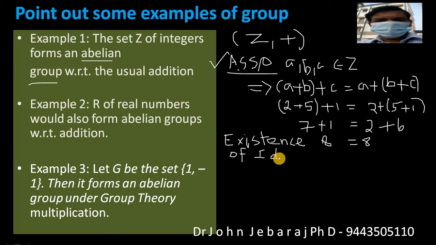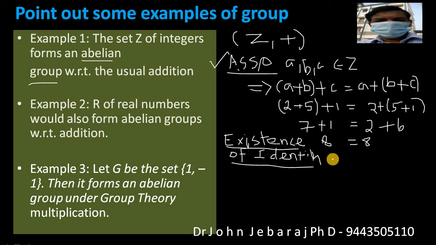So what is the meaning of existence of identity? I told you just before that there should exist an element E belonging to Z, such that for all the elements in this particular set, if that element is added with E, we must have the same element. If there exists an element like that, then that is called the identity.